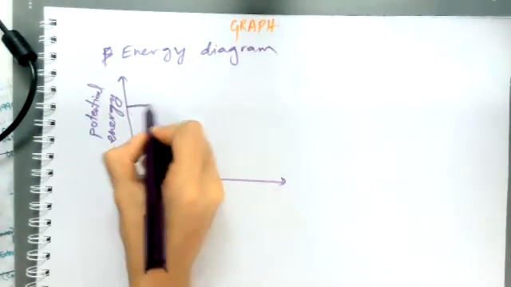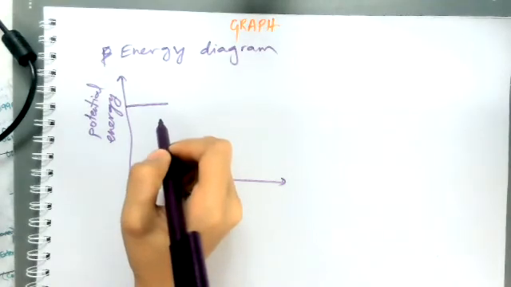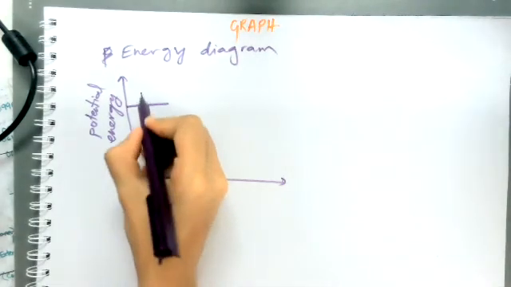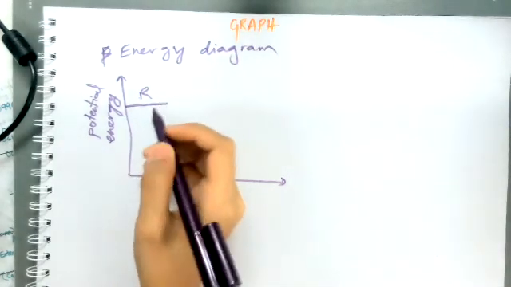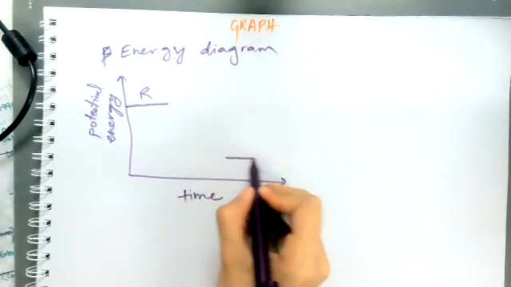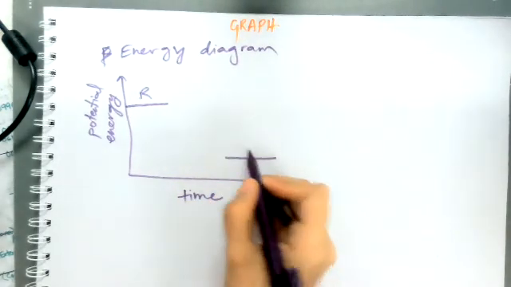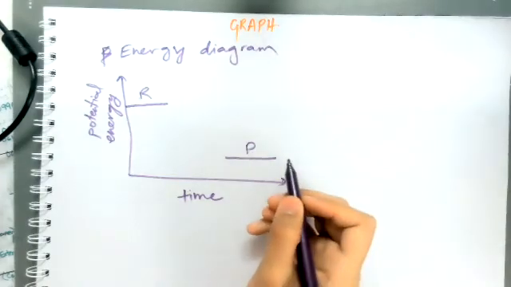So if this is the potential energy for my reactants, I'm going to write an R for my reactants, okay? And this was the potential energy of my product, right?